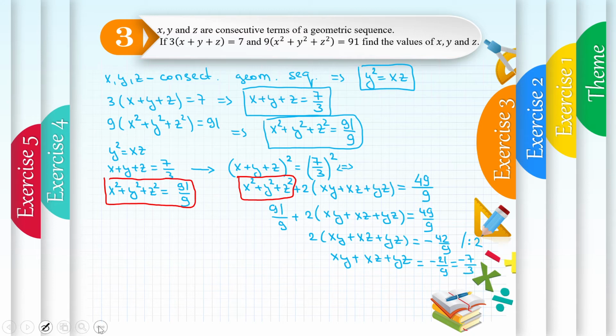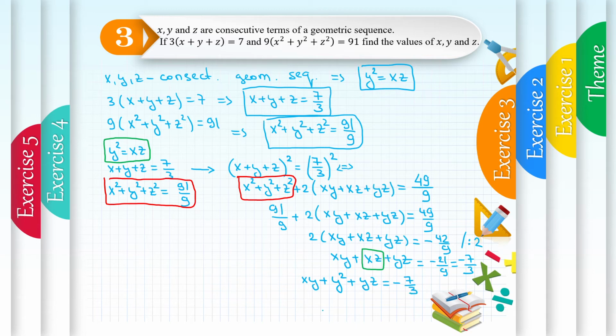Next, we see that we had that y squared is equal to x times z. So in this last equation, instead of x times z, we can substitute y squared, and our last equation will take the form xy plus y squared plus yz is equal to minus 7 over 3.